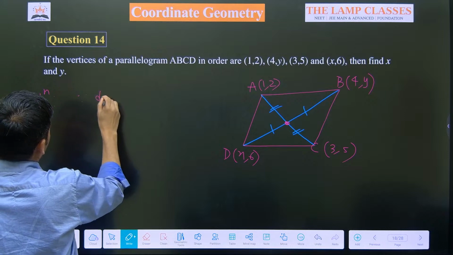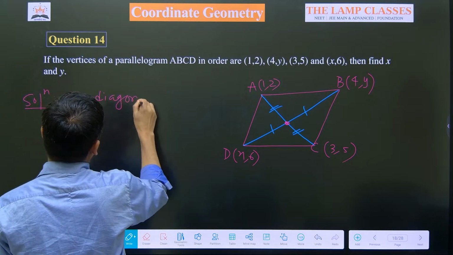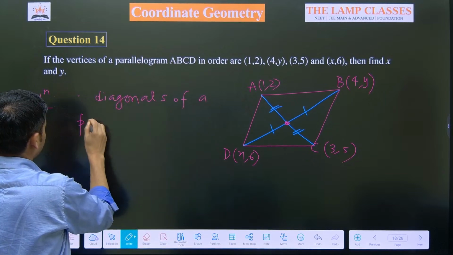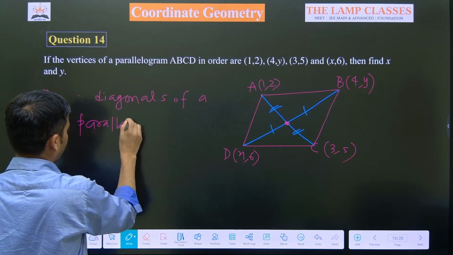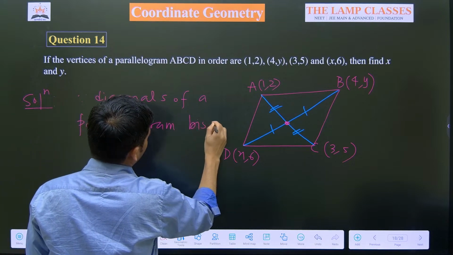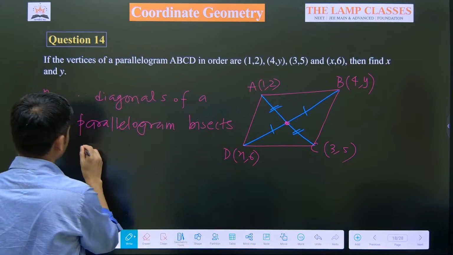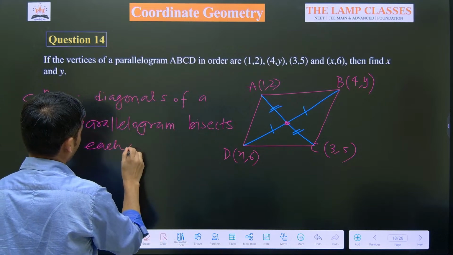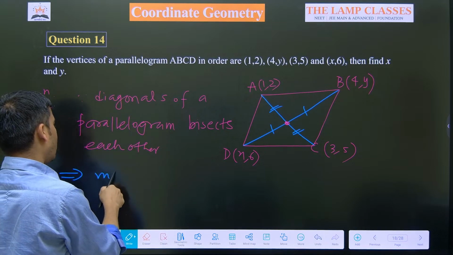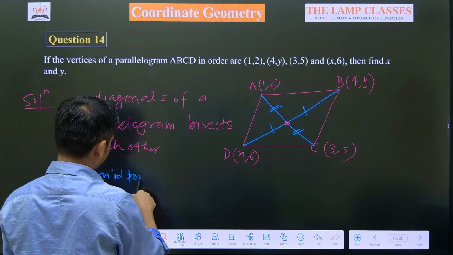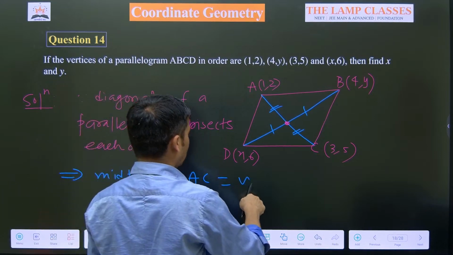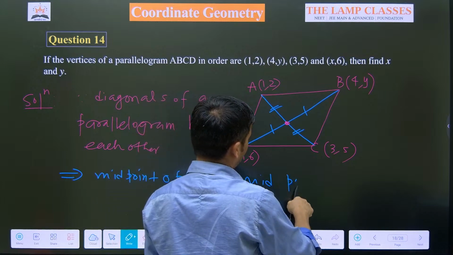So you can mention in the solution, since diagonals of a parallelogram bisect each other. What does that mean? Midpoint of AC is equal to midpoint of BD.